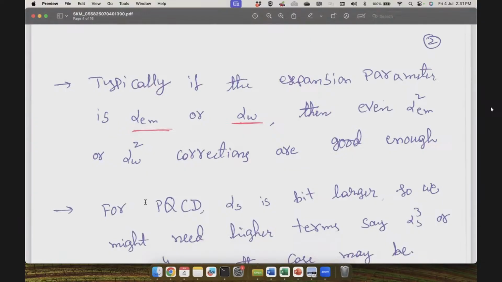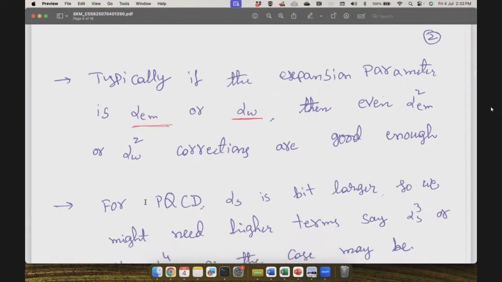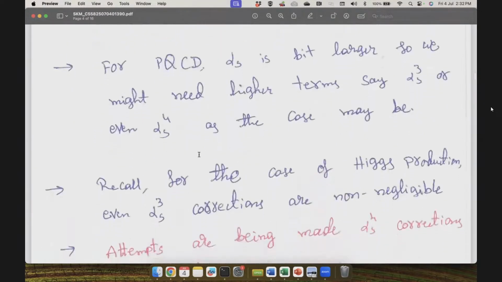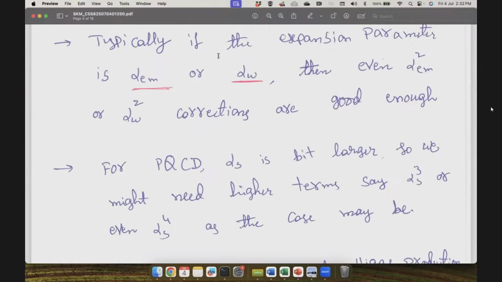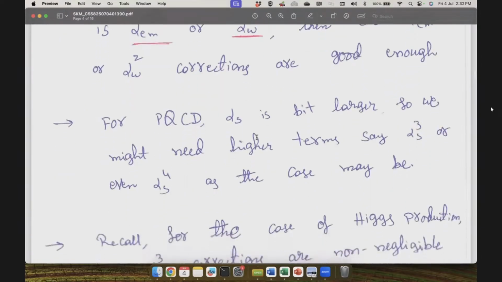So these are good enough, provided we assume that each of the perturbatively calculable quantities like sigma 1, sigma 2, all these corrections, are finite and don't become drastically large. For perturbative QCD, the expansion parameter alpha s is a little bit larger compared to alpha electromagnetic and alpha weak, so we might need higher terms.